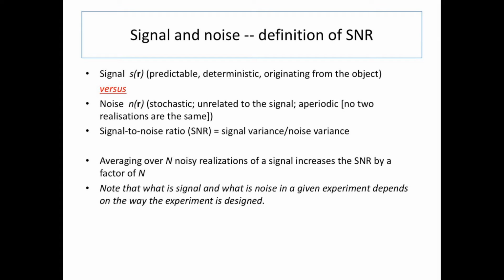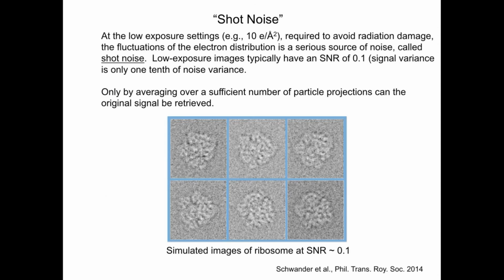I'm giving an example for this. What is signal and what is noise in a given experiment depends on the way the experiment is designed and the way we look at it. So first of all, I just wanted to tell you about shot noise. I already mentioned that before.